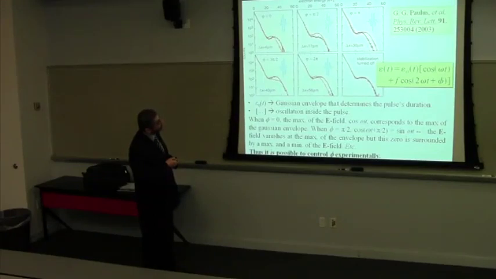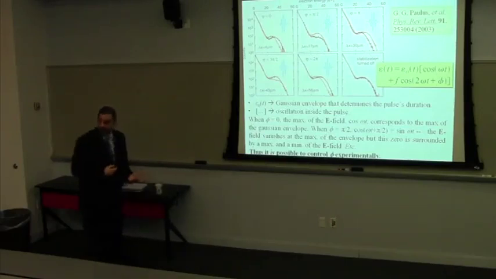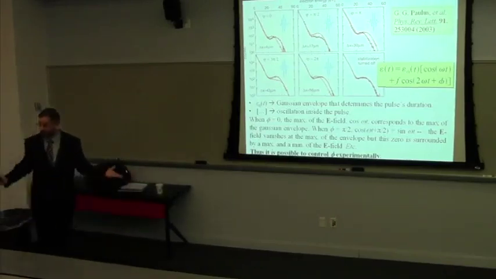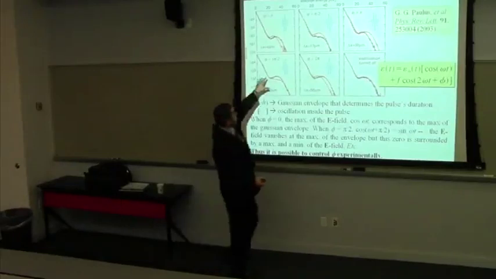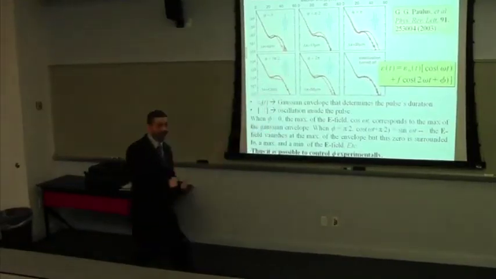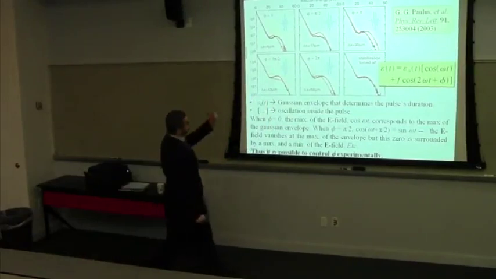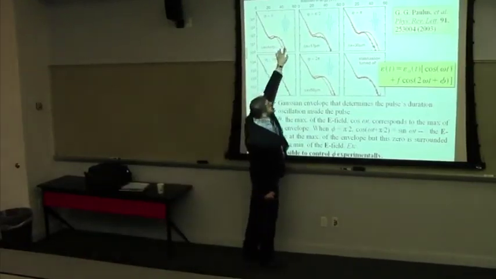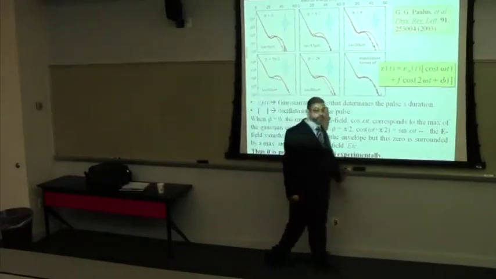Actually, there is zero at this point where the maximum is here. You see the point. I think you get the point now, right? It's clear. You can modify the shape of the pulse. And look at the result that you get. Look at the difference between the right and the left photoelectron spectrum.